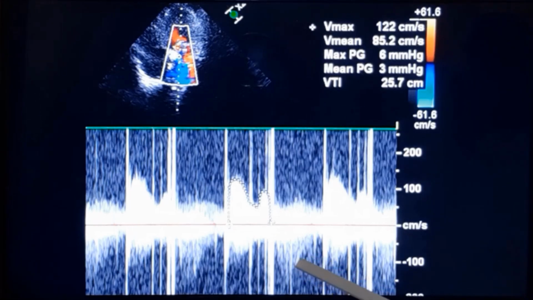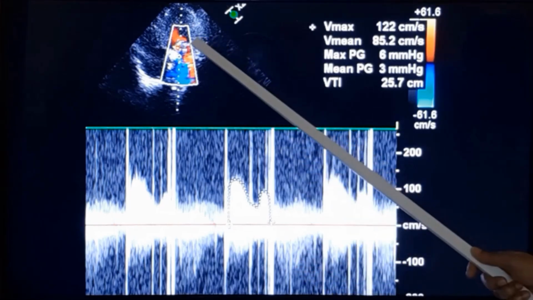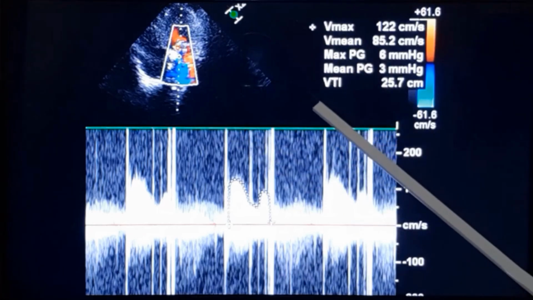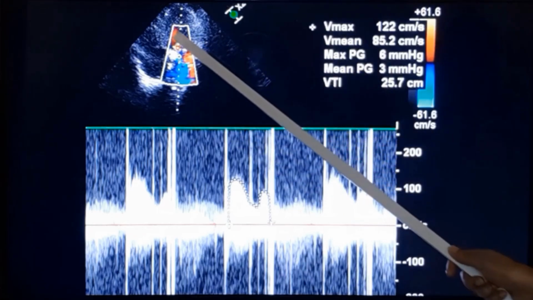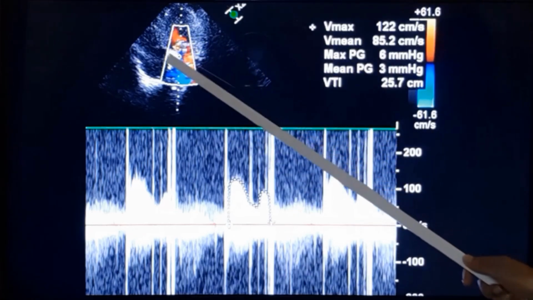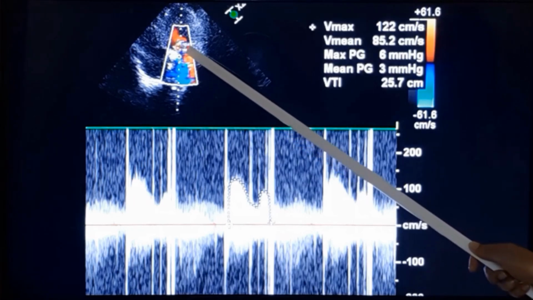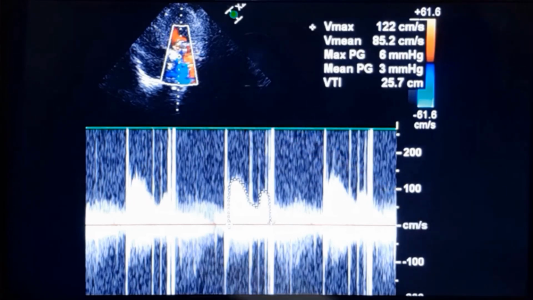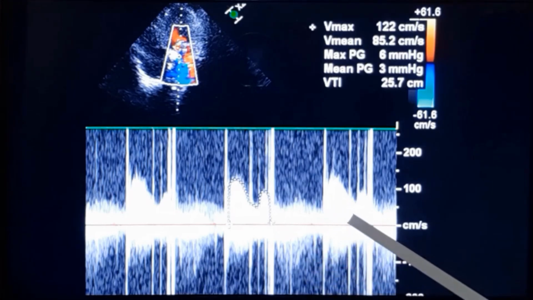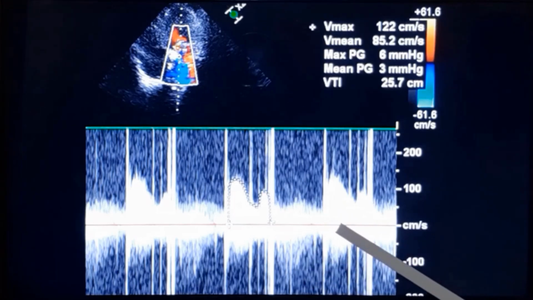Then another aspect is that, especially in the Starr-Edwards ball and cage type of valve, this region is the left ventricular outflow tract. So the prosthetic cage will jut partly into the outflow tract. So there can be a mild gradient across the left ventricular outflow tract as well in a prosthetic mitral valve, especially the ones with the higher profile jutting into the left ventricular outflow tract.